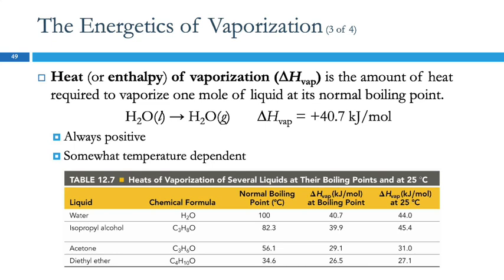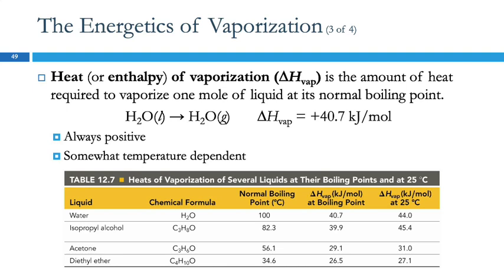So we can make a chemical equation here, liquid water going to water in the gas state, and we can put delta H out here, plus 40.7 kilojoules per mole. This is just like those thermochemical equations that we were dealing with in chapter 7, that you all loved so much. So this is always positive.